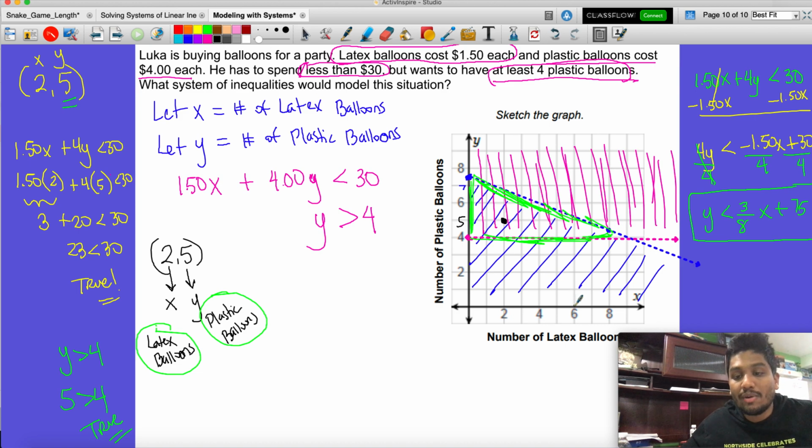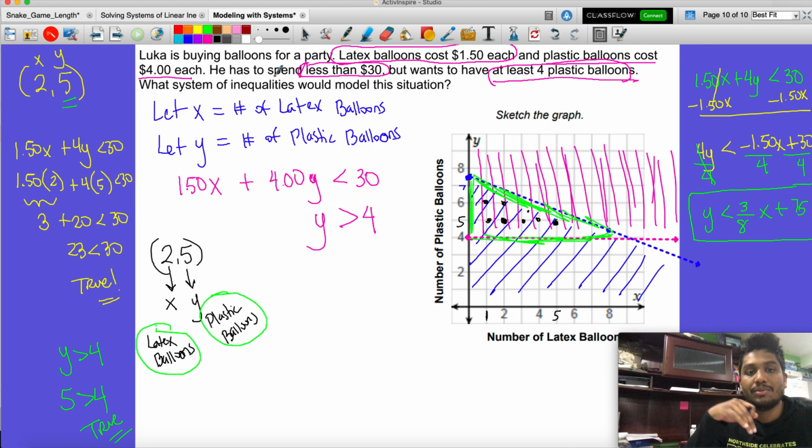He could go in and get 5 latex and 5 plastics, or he can get 1 latex balloon and 6 plastic balloons. These are all combinations. Each coordinate is a combination of items that he can get and still be under budget and still have the number of plastic balloons that he needs. So that is how that would work.